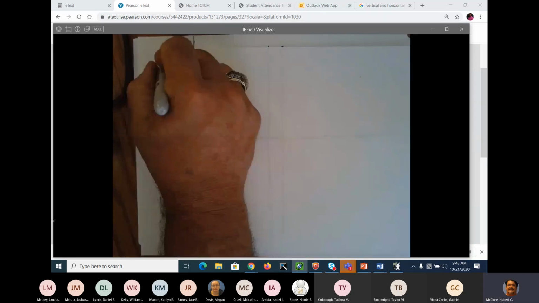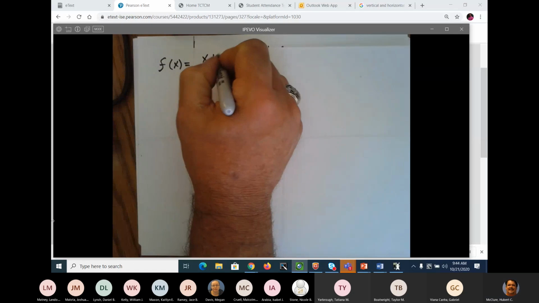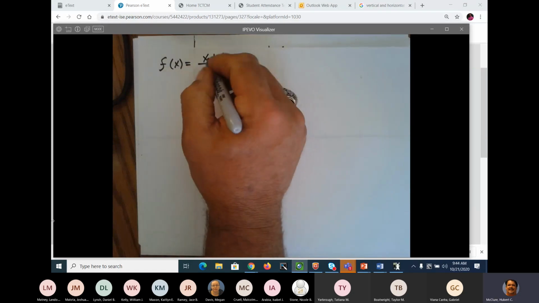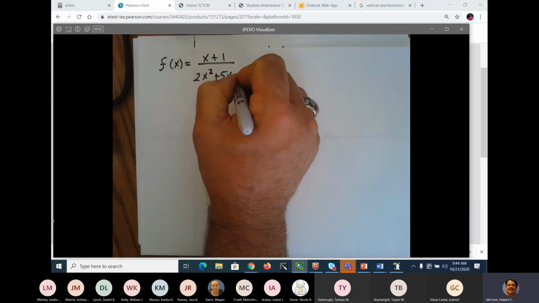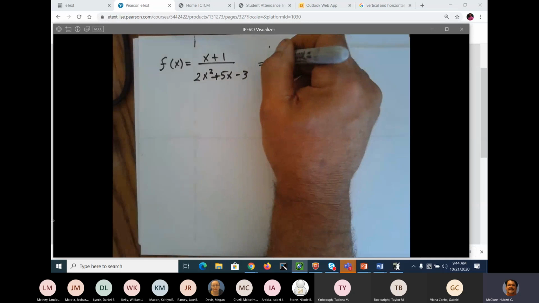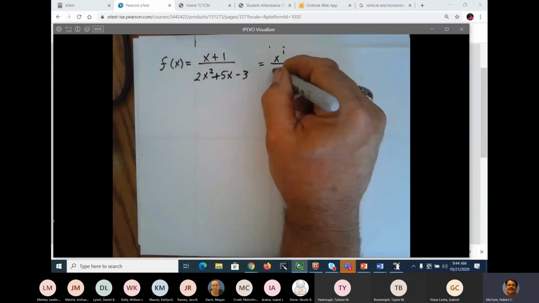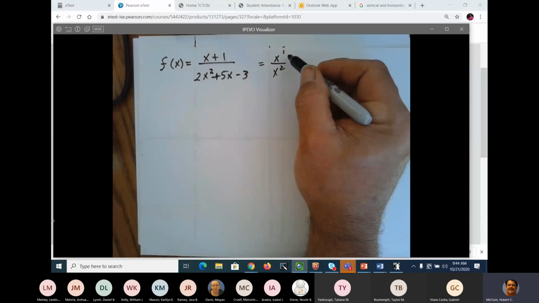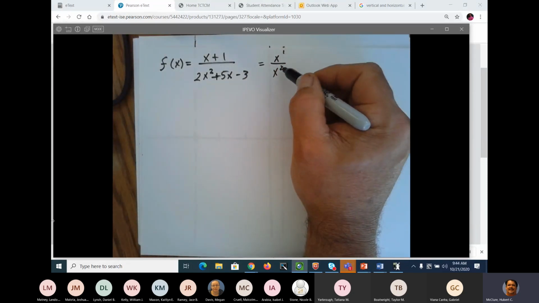f of x is equal to x plus 1 over 2x squared plus 5x minus 3. What is the degree of the numerator? It's x to the first. Degree of the denominator is x to the second. So the degree of the numerator is less than the degree of the denominator.